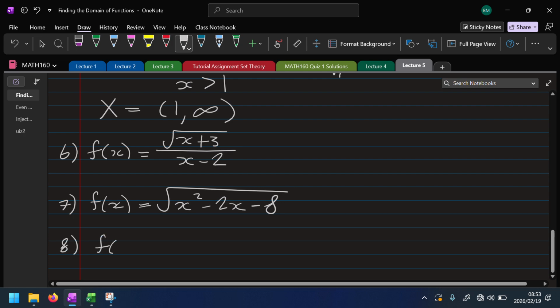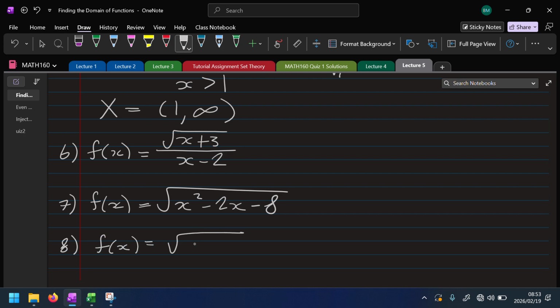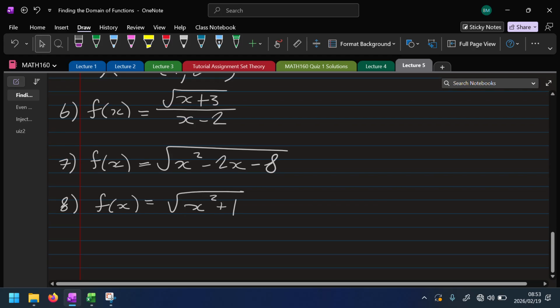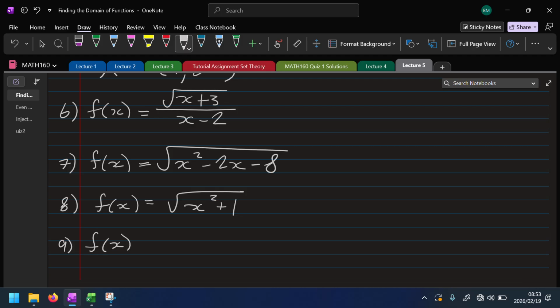Number 8. We've got another root here. That inside part can't be negative, so check for that. Number 9. f of x equals 2 times x to the 3 over 2.